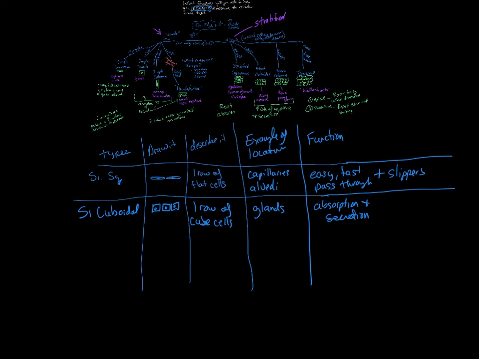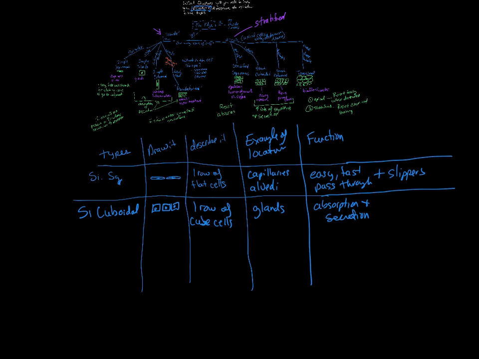So concept maps and tables, sometimes one or the other is totally better for whatever it is you're trying to organize. Sometimes it's an either-or situation where it really just kind of depends on how you mentally organize information as to whether you want to use a table or a concept map.